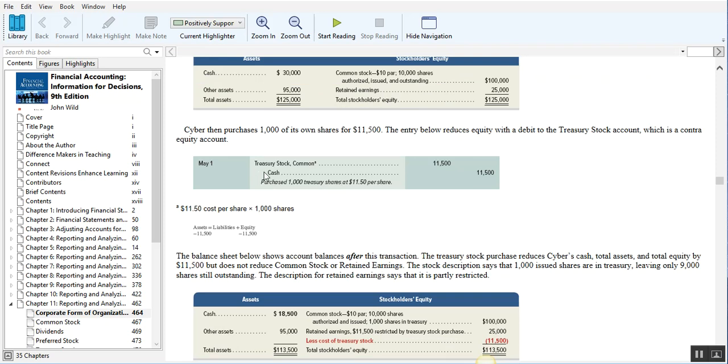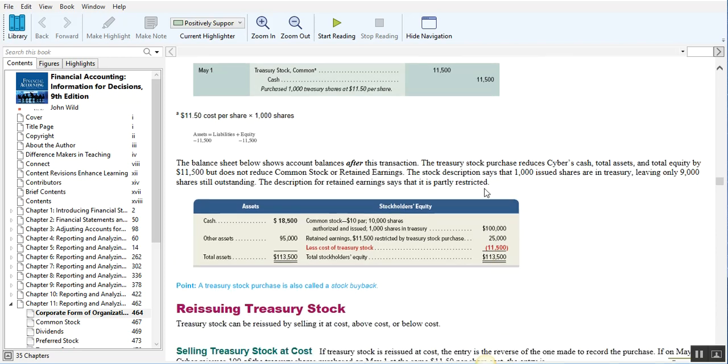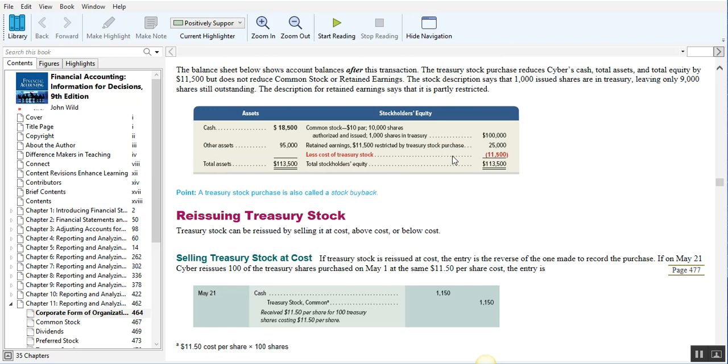The transaction for that would be a debit to treasury stock common, and you'd identify it at the price that you're paying for it to bring it back in, with the credit to cash.